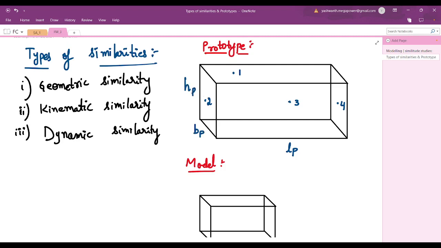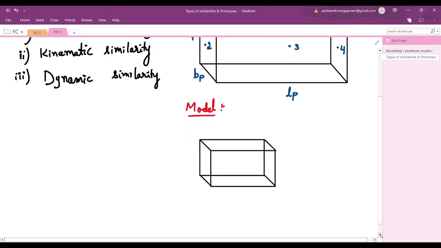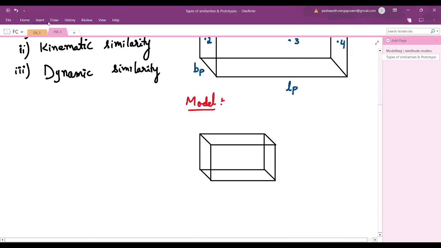Now coming to the model, the same points I'll consider on the top face, left side face, back face, and right face. Then this is the length of the model LM, this is the width of the model BM, and this is the height of the model HM.